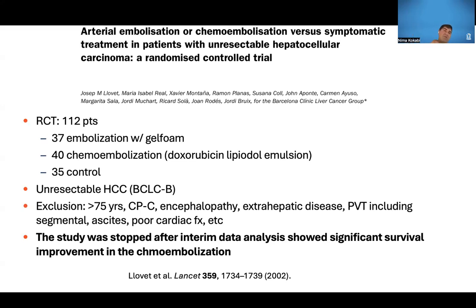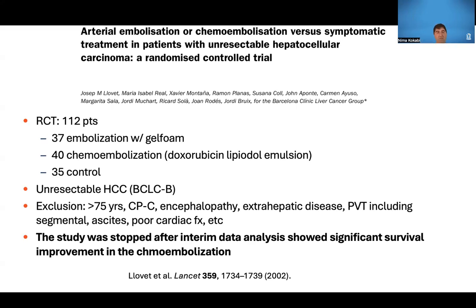The European study was out of Spain. They had 3 arms, a randomized control. One arm was bland embolization, the other arm was chemoembolization, the third arm was control. All were unresectable BCLC-B patients.